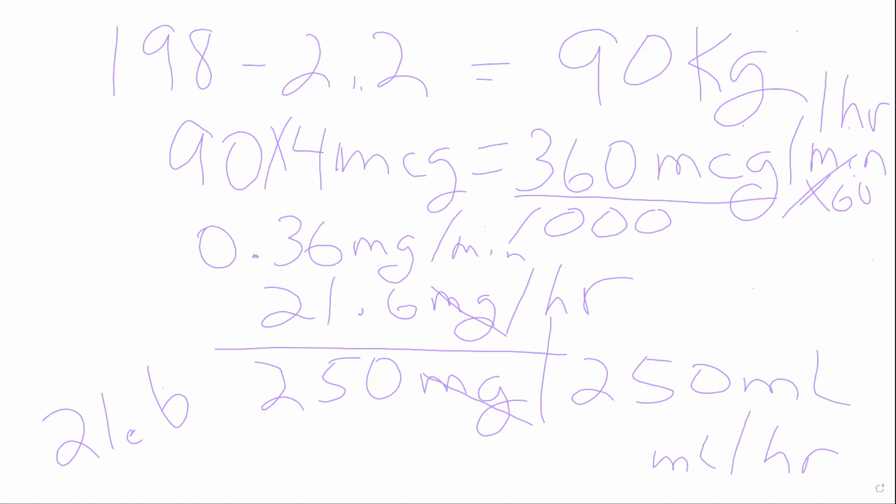So we actually converted that 360 to 0.36. Right, okay, I'm there. So I put the 0.36 times 60. Okay, and that should have given you 21.6 milligrams per hour. Okay, I have that.